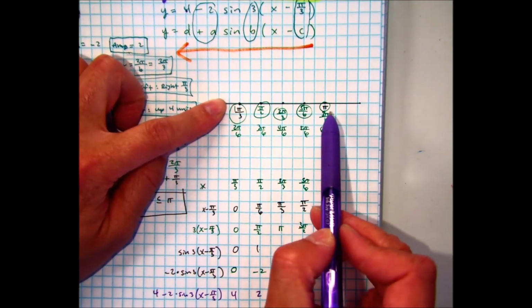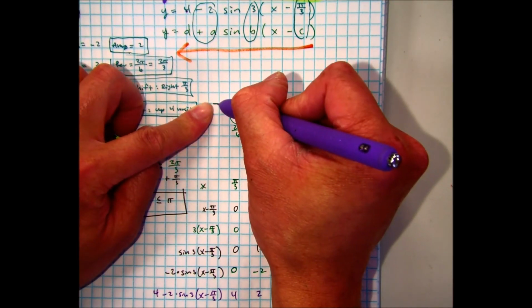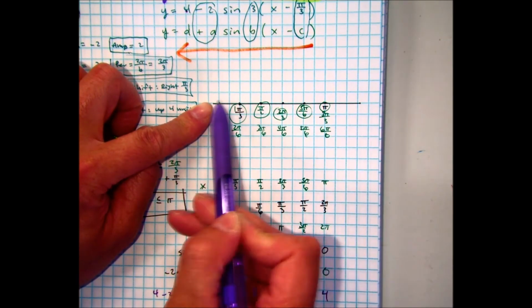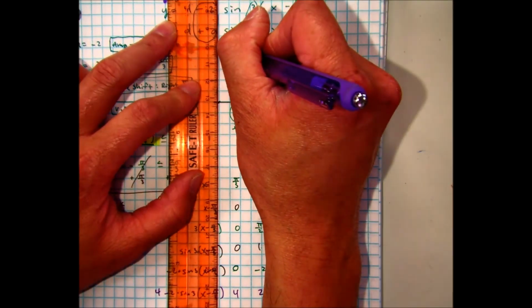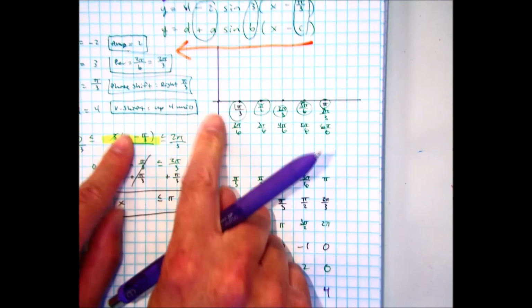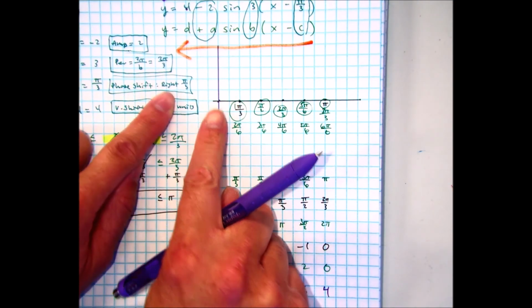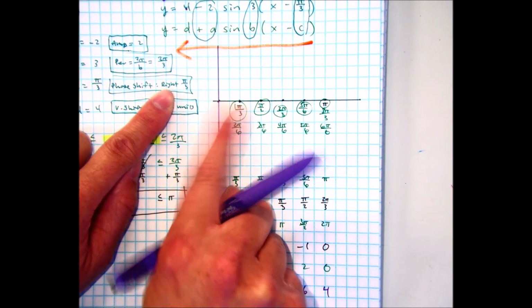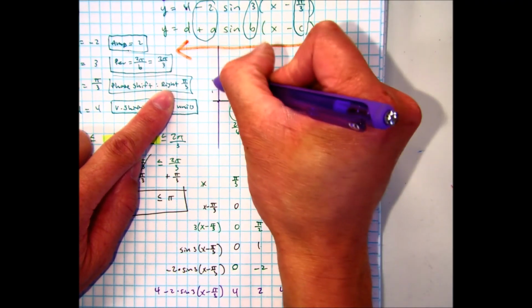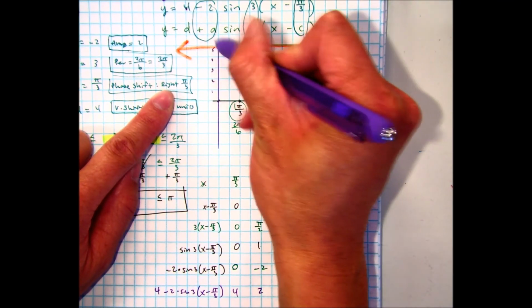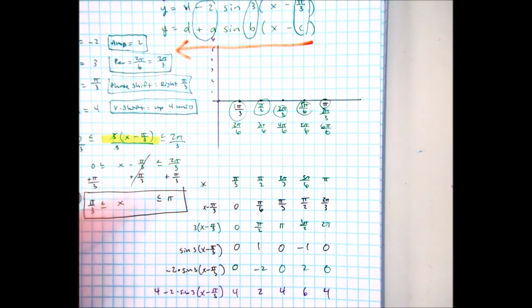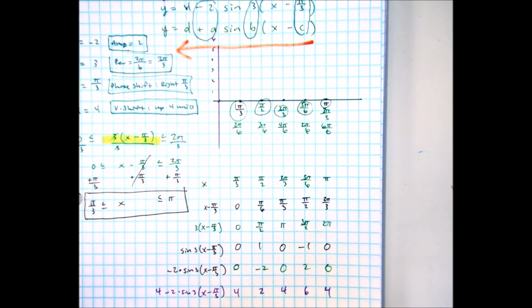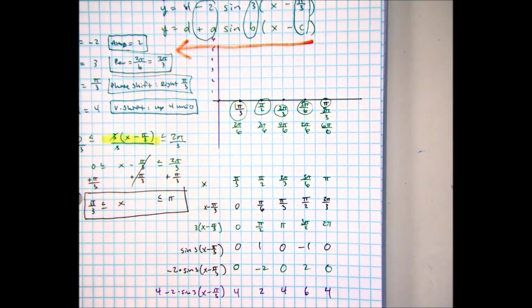Now it can help us to identify where all the numbers are decreasing, so I can put my y-axis over here. I know it's over here because of my phase shift to the right, pi over 3 units. 2, 3, 4, 5, 6. Just for fun, let's graph all of them so you can see what's happening.